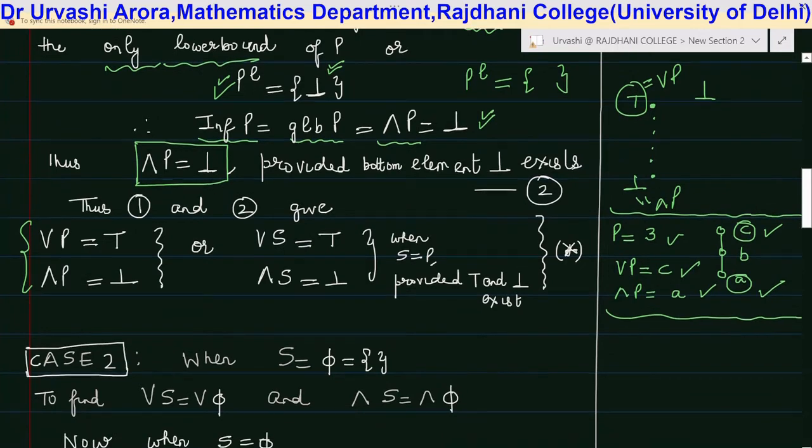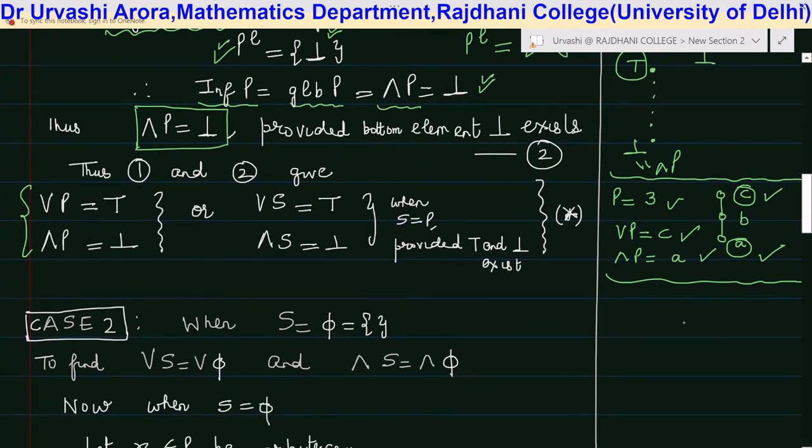A similar example, which I have considered in my earlier videos, the examples which we have been generally taking. So if you take X to be a set consisting of 3 elements, 1 2 3, and if you take P to be the power set of X, then we know that the power set of X, which is the set of all subsets of X with respect to the inclusion relation, is a PO set.